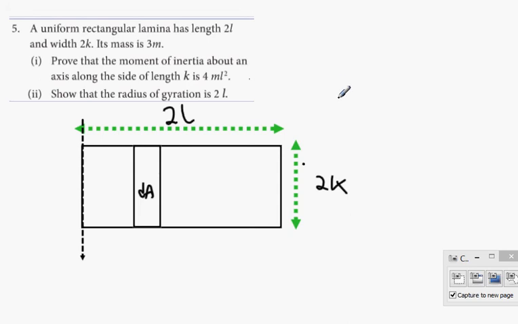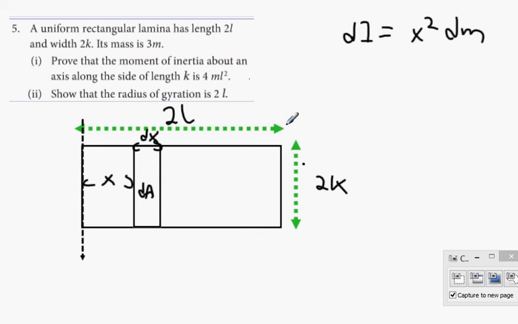Now remember to write down the one formula you had learned off by heart: dI equals x squared dm. Since we're using x this time, no reason why, just decide x is my letter. The distance of this area from the axis is x. The width of this little area is dx.